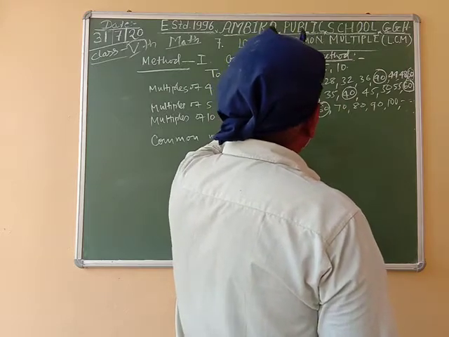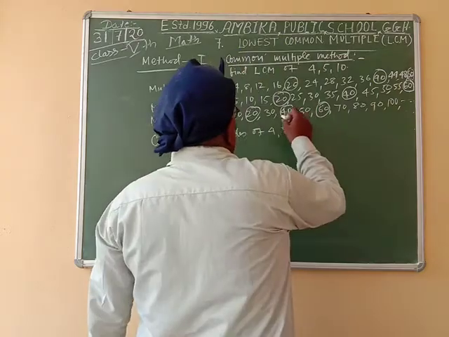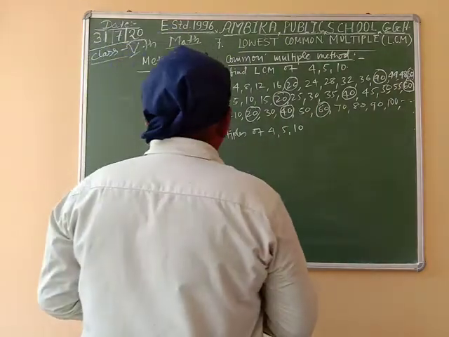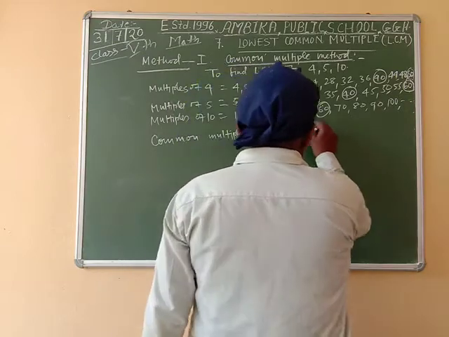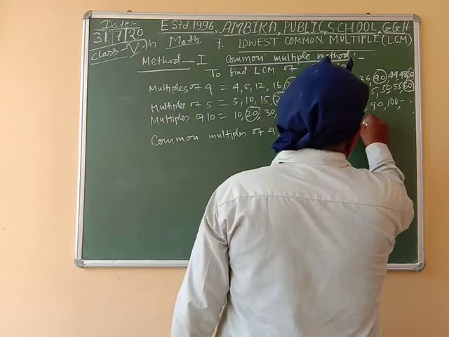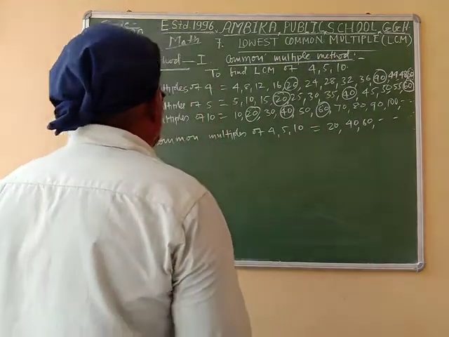Here we see that 20, 40, 60 are multiples of 4, 5, 10. Common multiples of 4, 5, 10 are 20, 40, 60, dot, dot, dot. Other numbers may be possible.